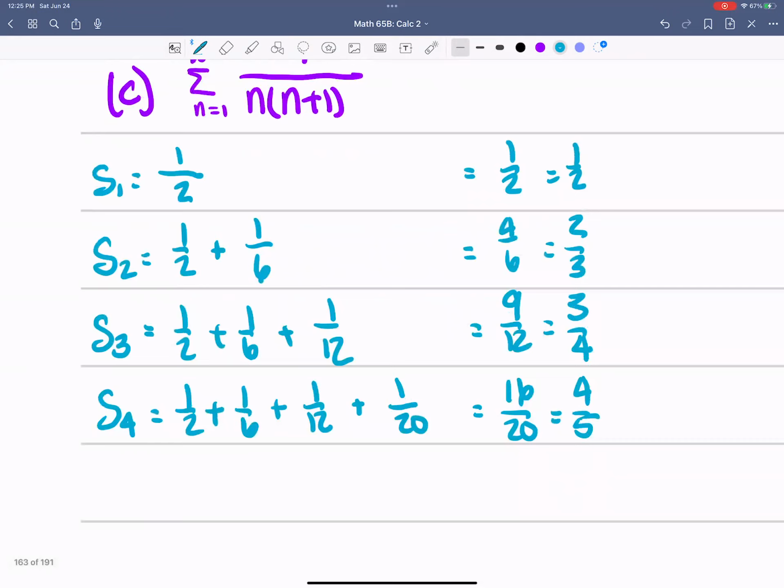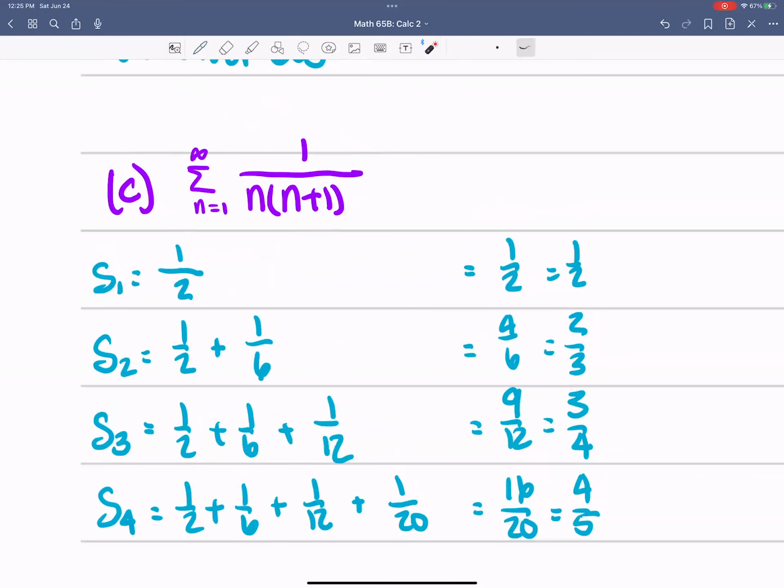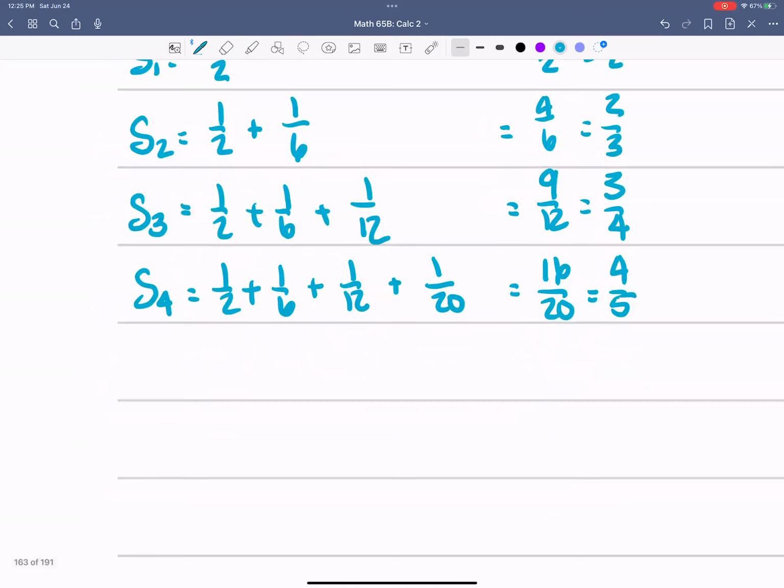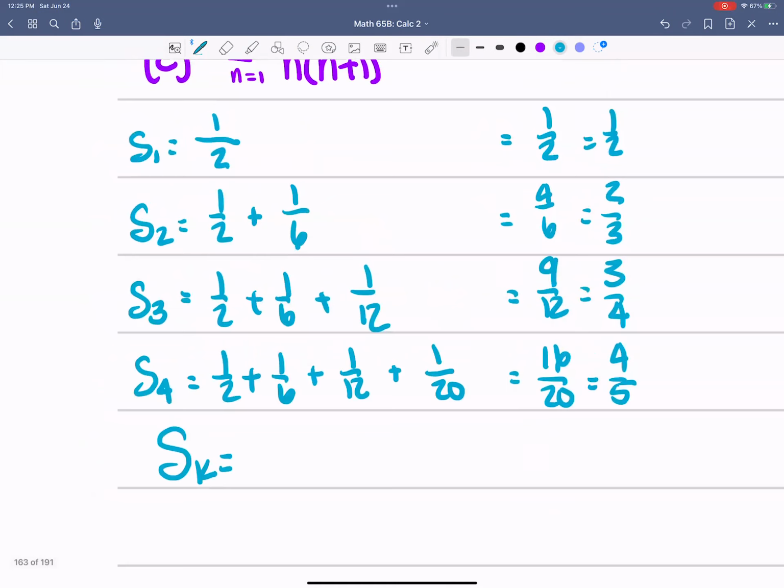So instead of looking at this sum, I see this as a sequence. S of k ends up being k over k plus 1. So k for the first term, k plus 1, k for the second term, k plus 1. All right, I like it. Now we can take the limit of it to see what we end up getting.